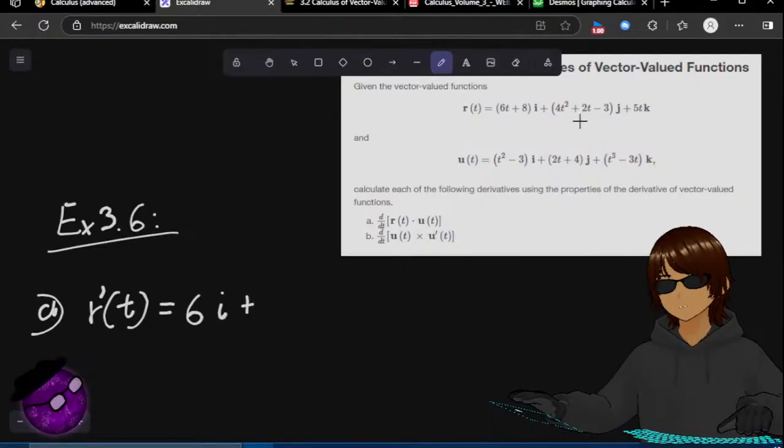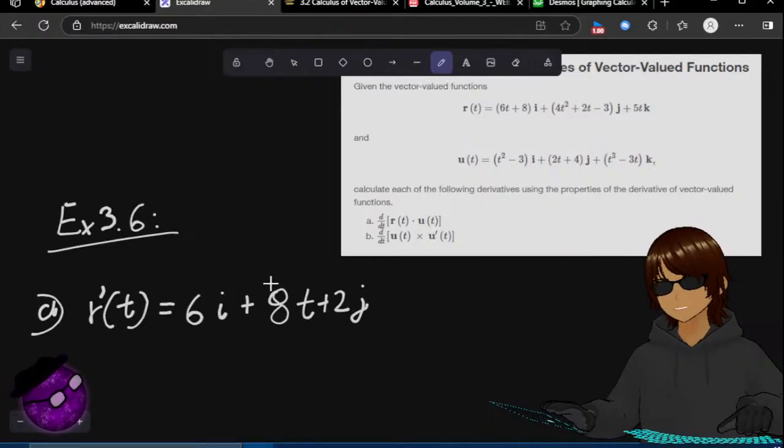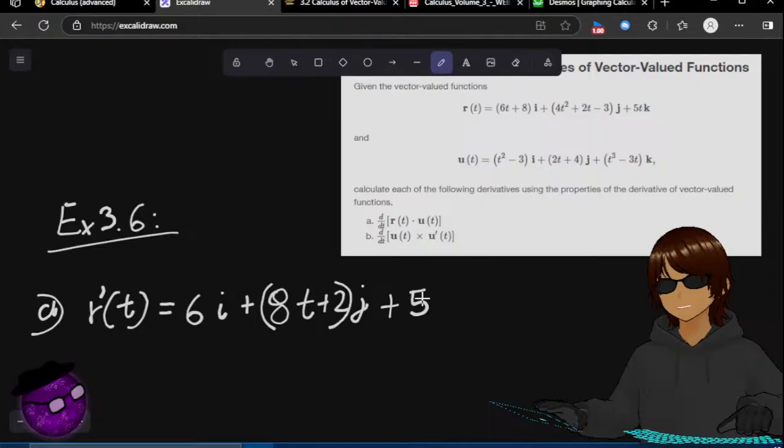And then 4t squared plus 2t minus 3, the derivative of this would be 4 times 2, 8t plus 2, this j, then plus 5, just 5.